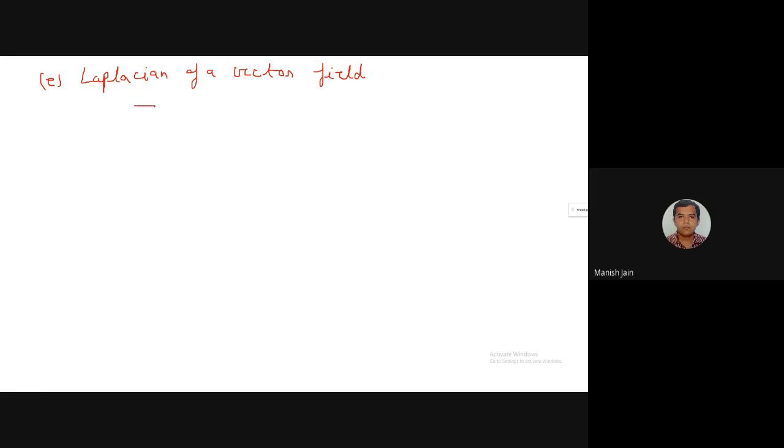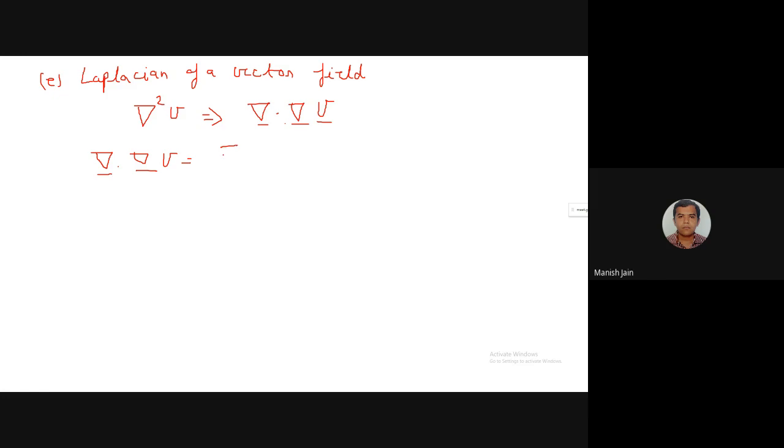It is represented by del square V, or you can say it is represented by del dot del V. If you solve this problem, it will come like this: del dot del V.